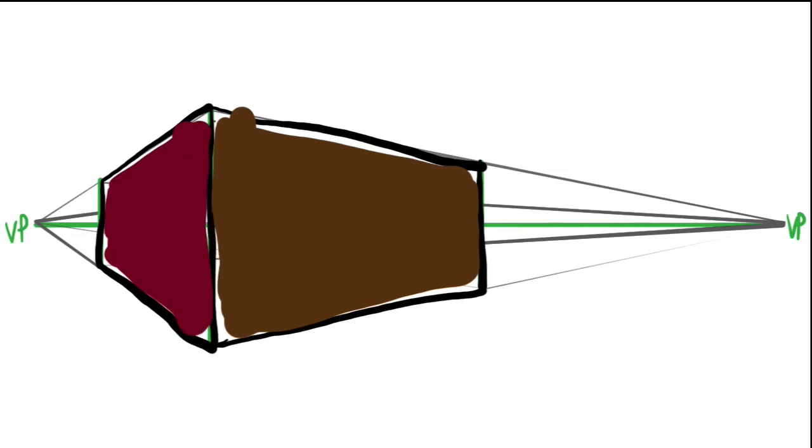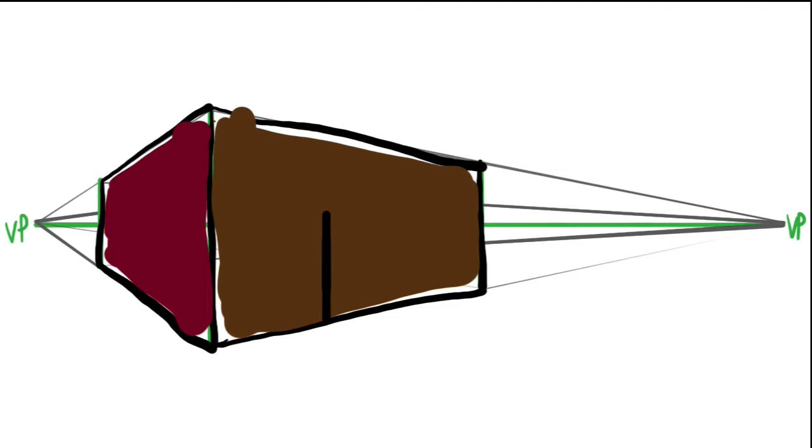Now we might want to go in and put in some windows and doors like we did with our other building, and we can definitely do that. All we have to do is use our principles as we did before. So imagine, this time let's make it a little house. So I'm going to put a door in here like this. And remember, now we're working in this side of the building, which disappears down to this vanishing point.